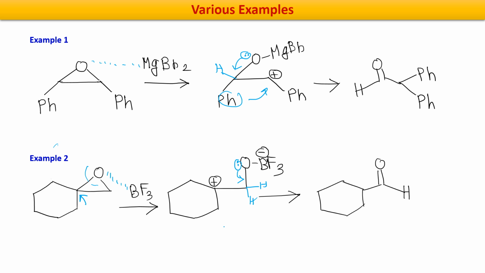It will also pull one of these H, so it will migrate here. Again I am saying, even if the positive charge is not generated, that is, a free carbocation is not generated, for the sake of understanding, if we write it this way, it will be easier to understand. That is why I have drawn it this way. So finally we again get an aldehyde.